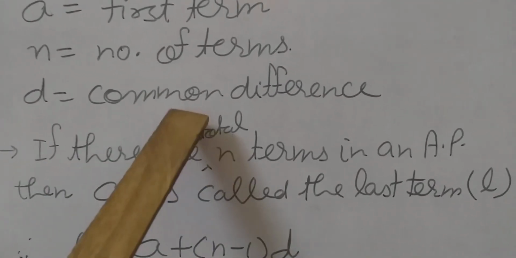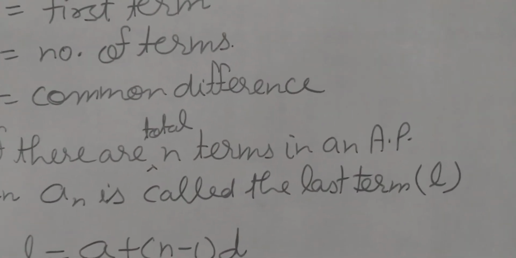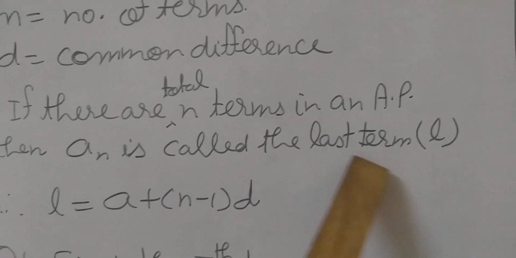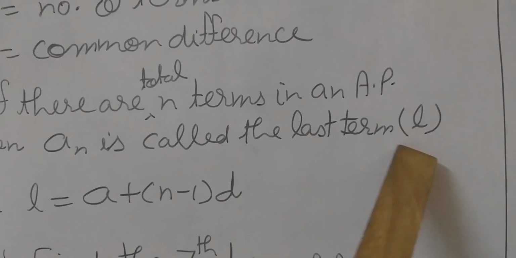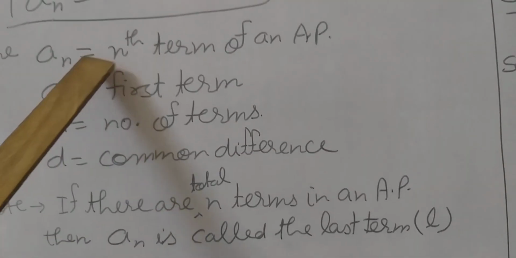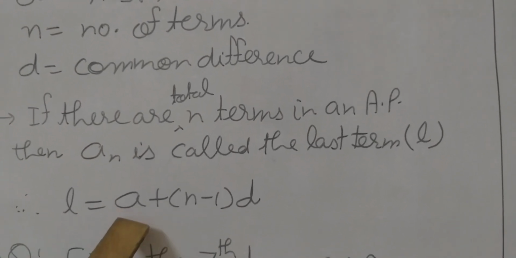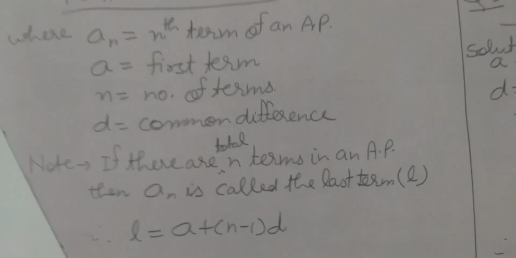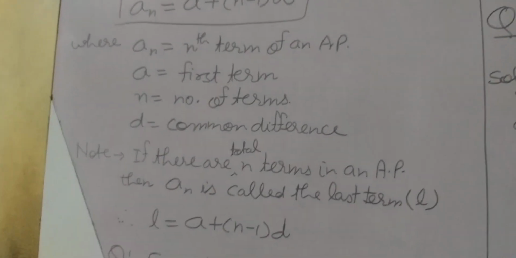If there are a total of n terms in an AP, then An is called the last term, denoted by the letter L. L equals, in place of An we can write L, for the last term, A plus (n minus 1)D.